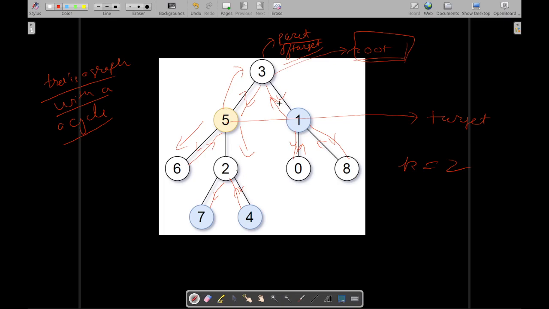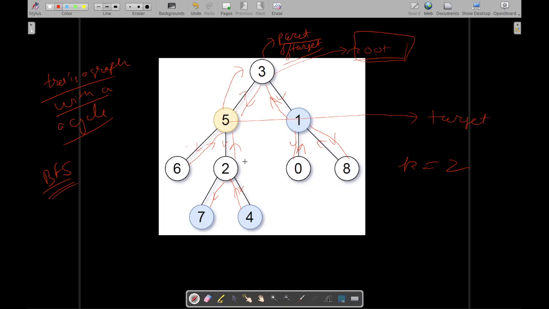After we make all the edges bidirectional, it is very easy for us to find the k distance nodes from the target node. It would be just using BFS, breadth first search.